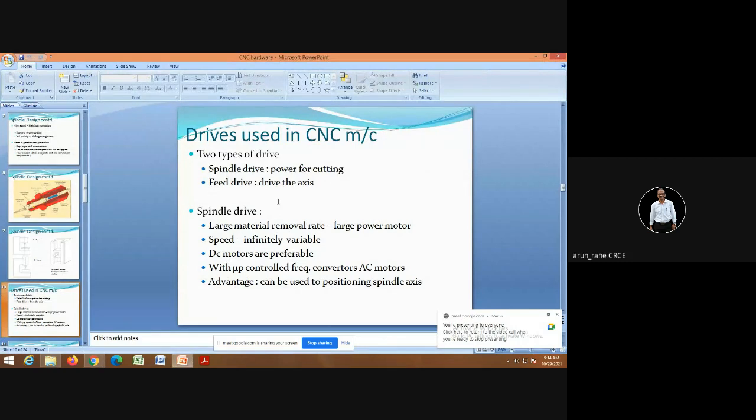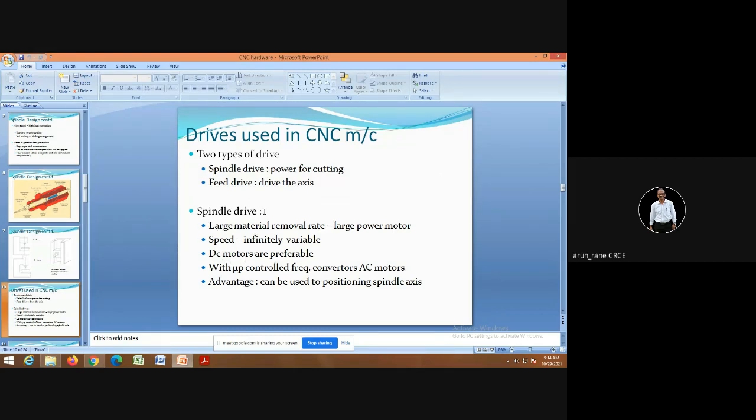You have two types of drives: spindle drive, that is purely rotational, and feed drive, that is purely longitudinal. So it can be a 2 axis feed drive or it can be a 7 axis feed drive.